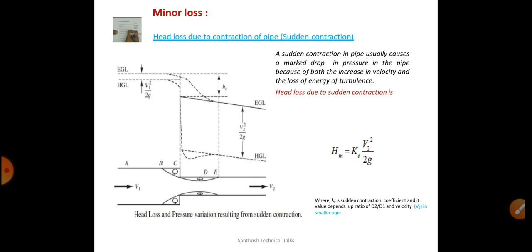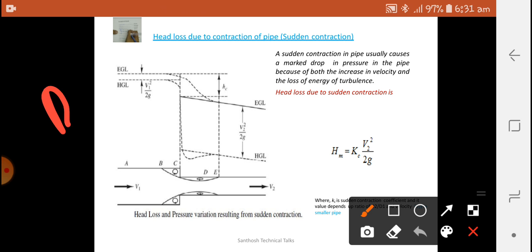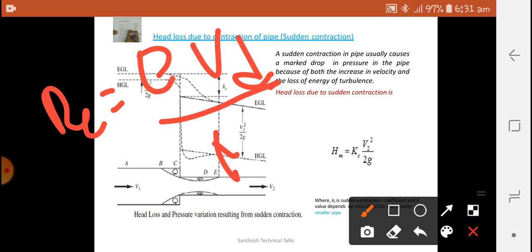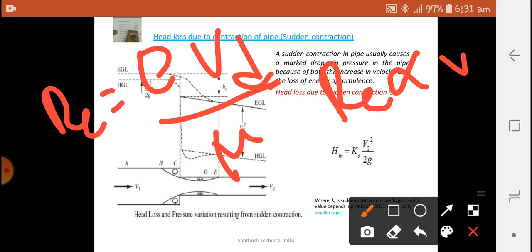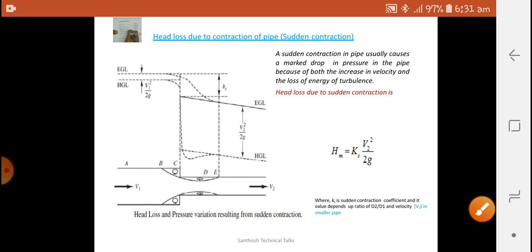If the velocity is increased, we know that the Reynolds number Re is equal to rho V d by mu. Therefore, Re is directly proportional to V. If velocity increases, Re also increases. Therefore, wherever the velocity is increasing, there is a chance of turbulence.